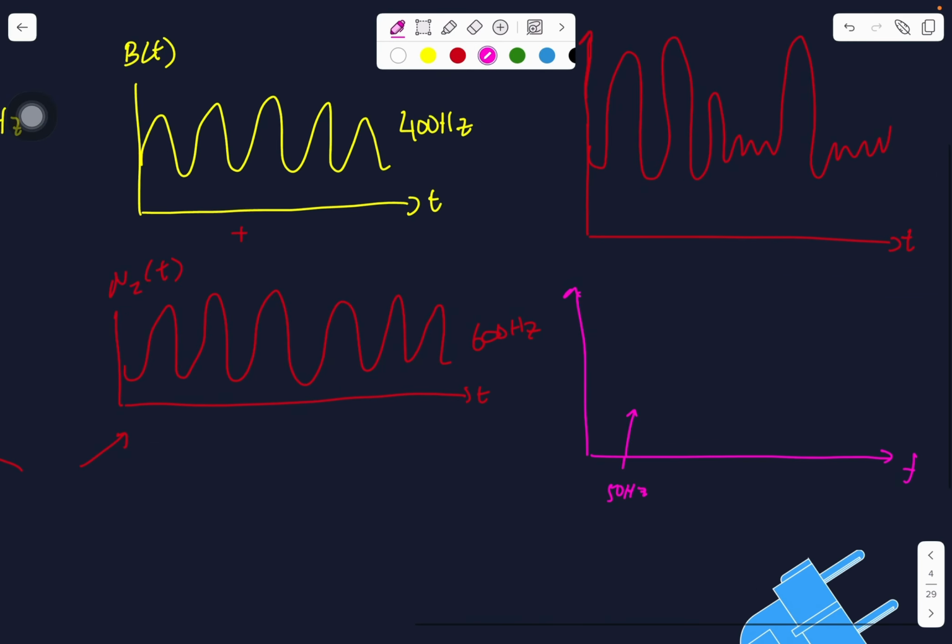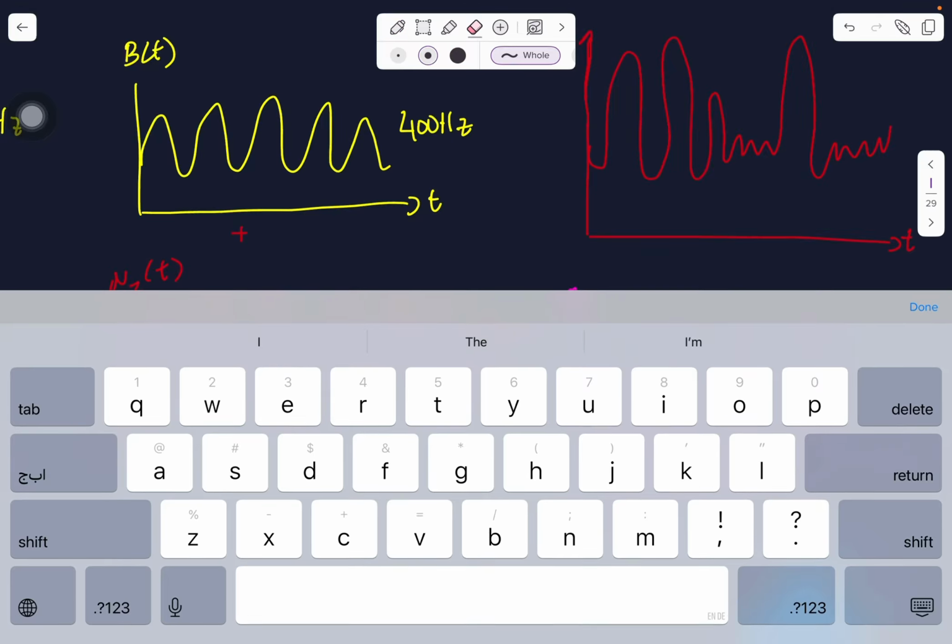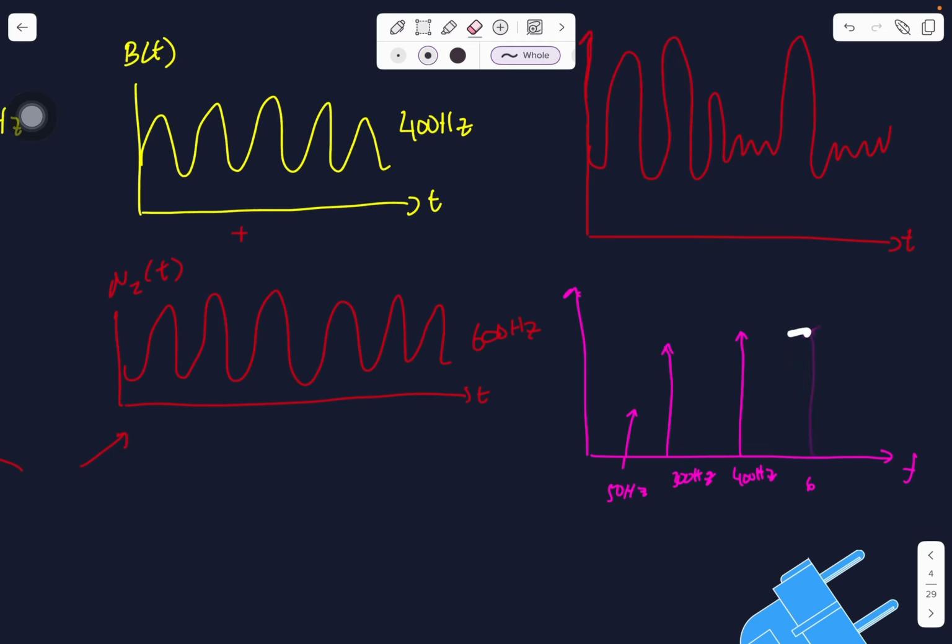The same thing at 300 Hertz, there's a waveform. And at 400 Hertz. And then we have at 600 Hertz. So if we apply a bandpass filter to this signal, it can attenuate any signal that is outside this range, and we can effectively cancel noise.